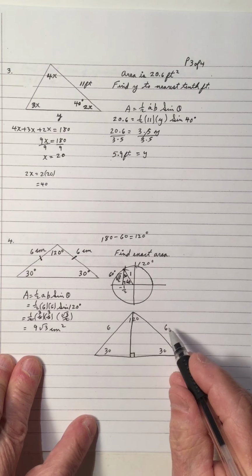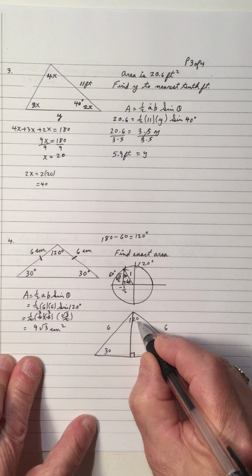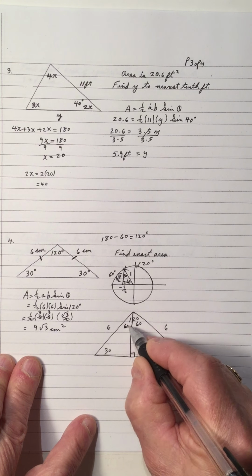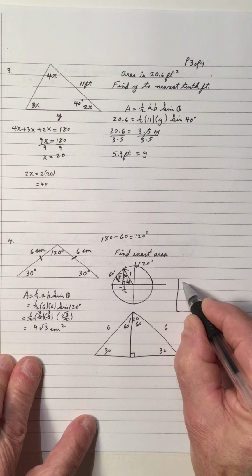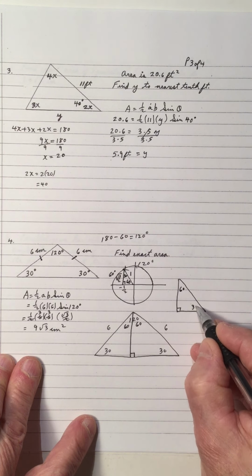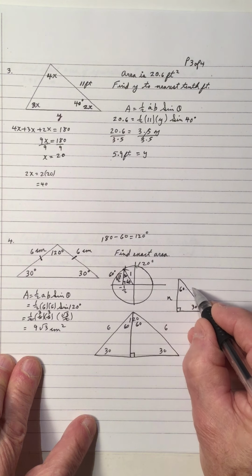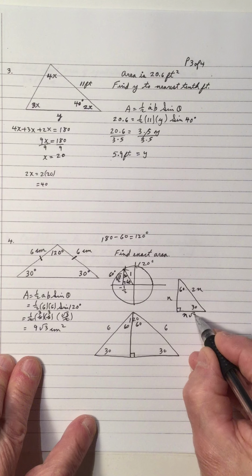And the perpendicular forms two congruent triangles. So that's a 90 and a 30. This splits these angles, so this is a 60 and a 60. And go back to the diagram of a 60 and a 30. This is n, this is 2n, and this is n root 3.